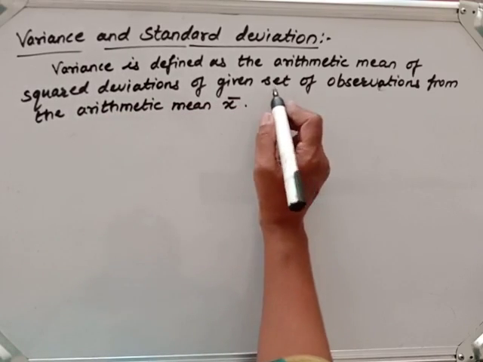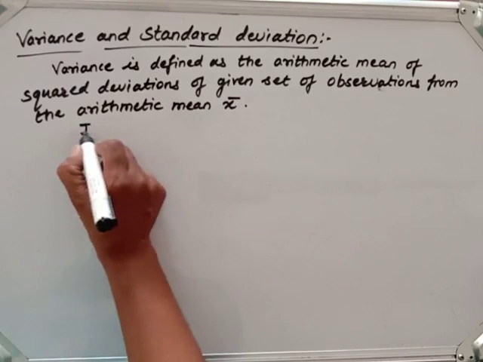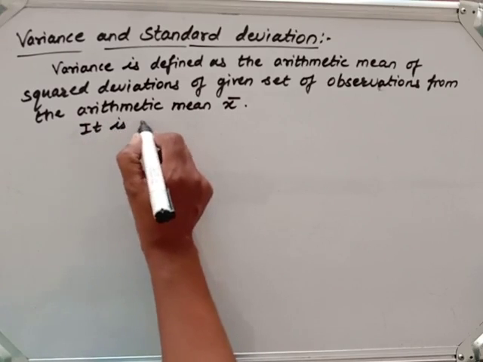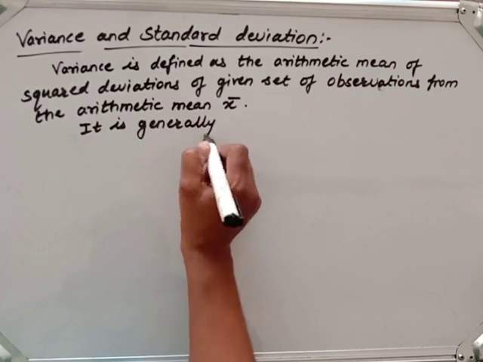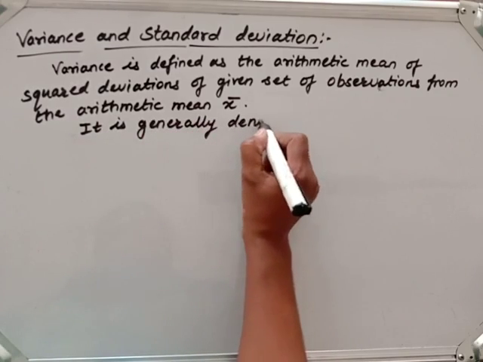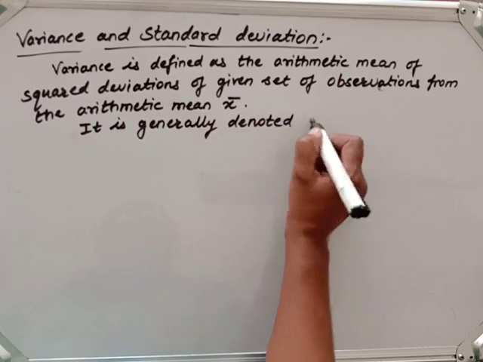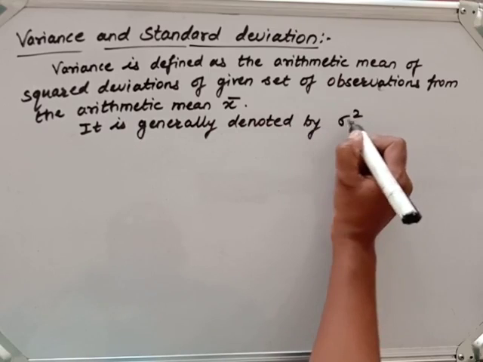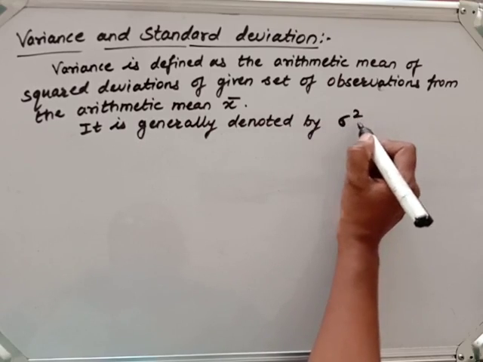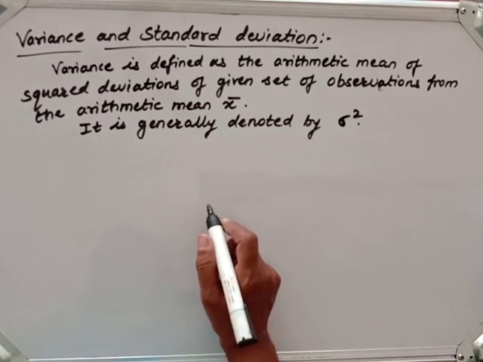It is generally denoted by sigma square. This notation, sigma square, is the notation for this.